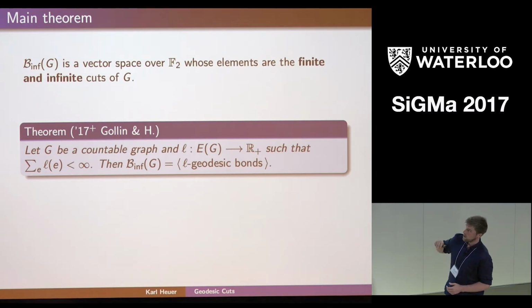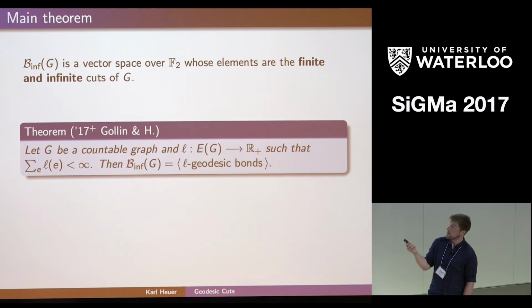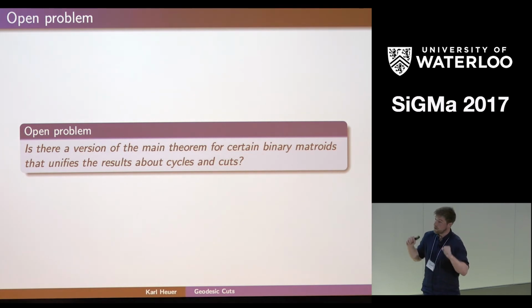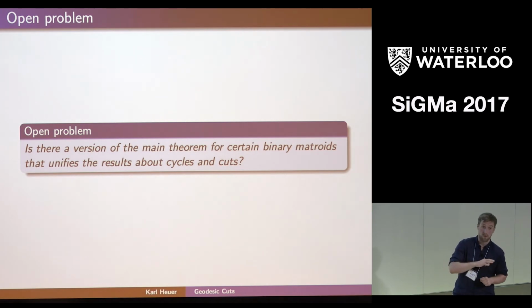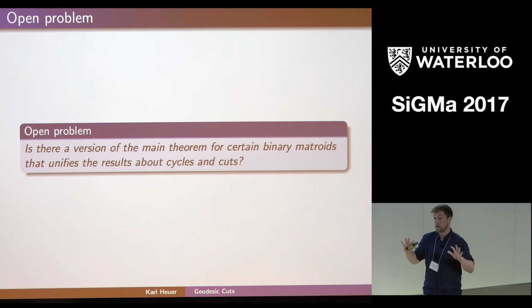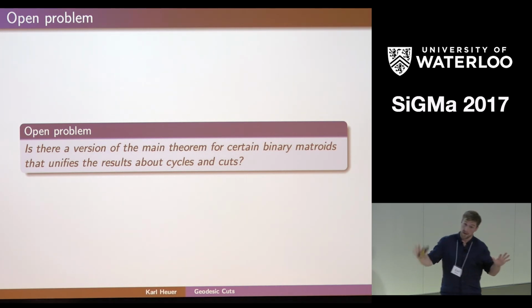But let me now close with a question or where we are really after it, also together with other people in Hamburg, namely, oh, I have time, okay. Is there maybe a matroidal statement or version of the main theorem, or the one for cycles, which unifies these two generating theorems for cycles, infinite cycles, and infinite cuts?